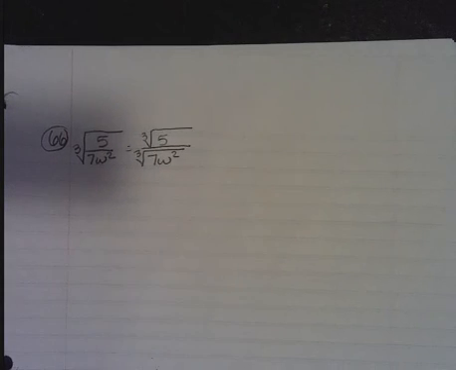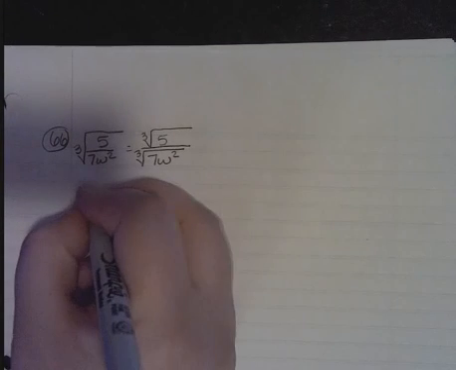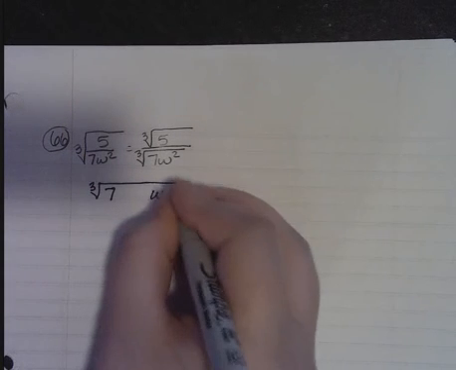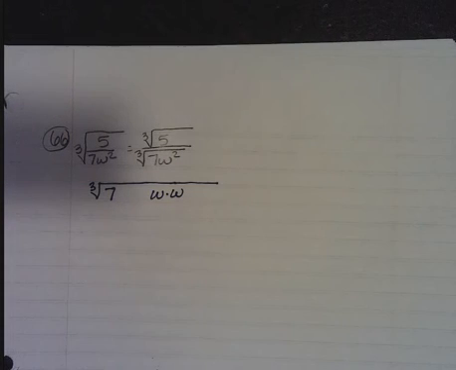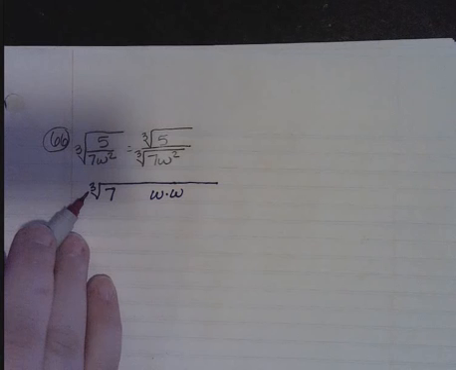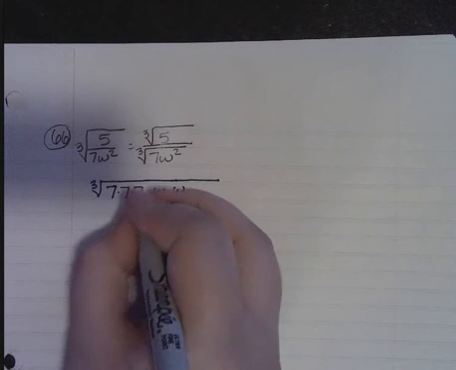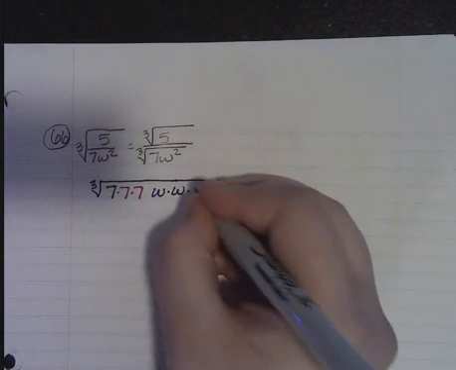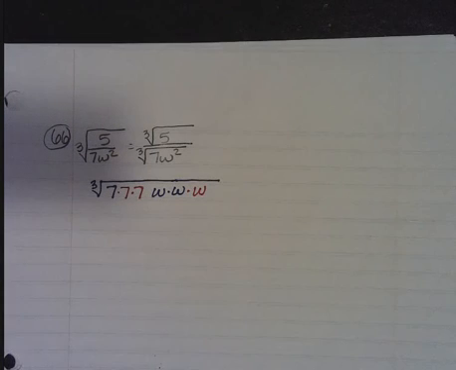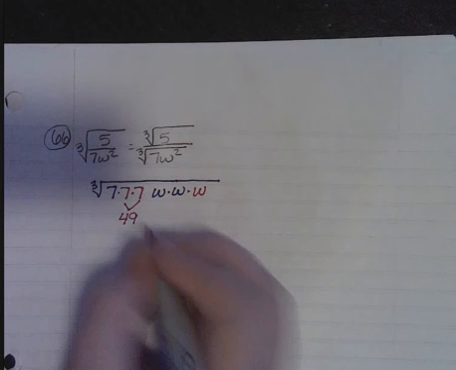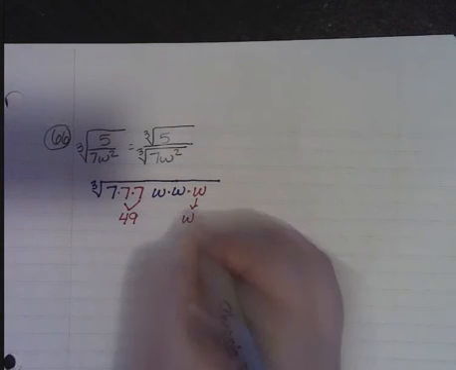So I'm going to write down what I have in blue. I have 1 7 there, and I've got 2 w's here. So I need 3 of a number to release it from the radical. I have 1 7. I need 2 more. I have 2 w's. I need 1 more. Remember, you need 3 of something. So that gives us 3 7s and then 3 w's. So I'm going to multiply by that 49 and then that w.